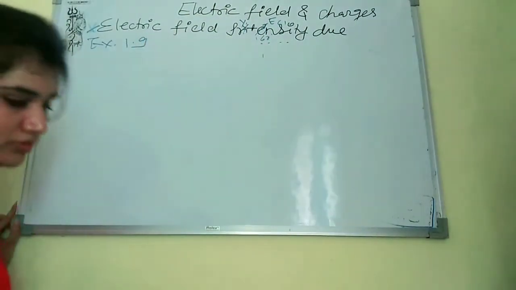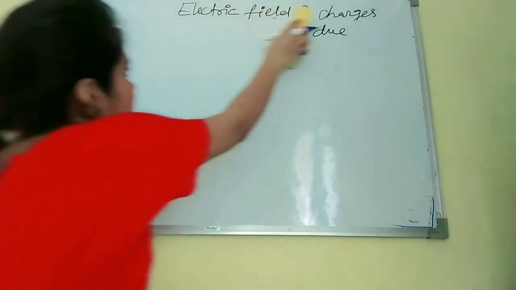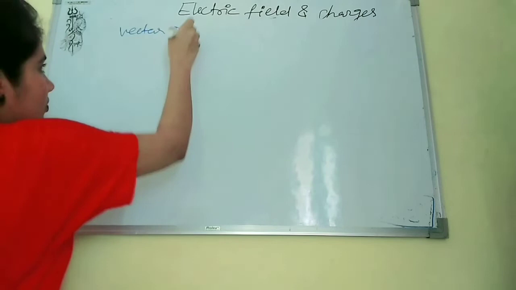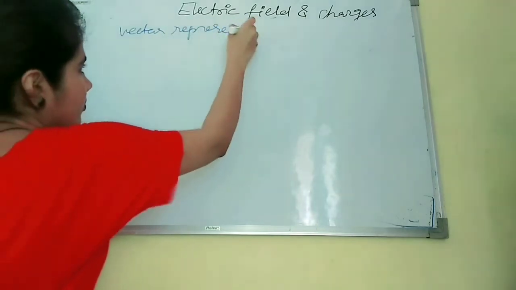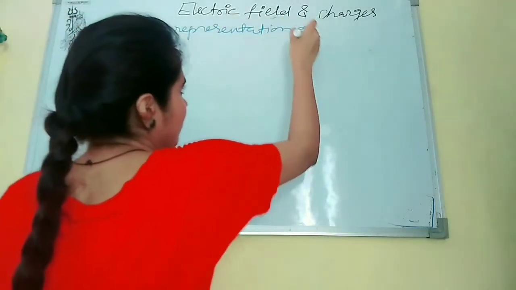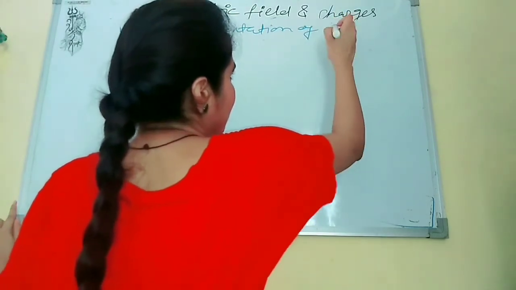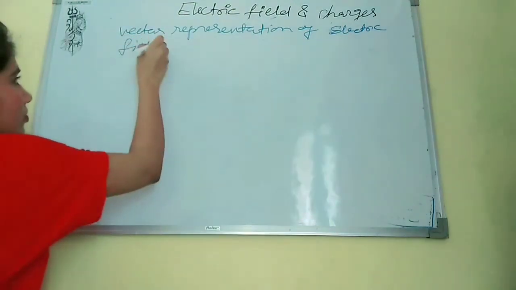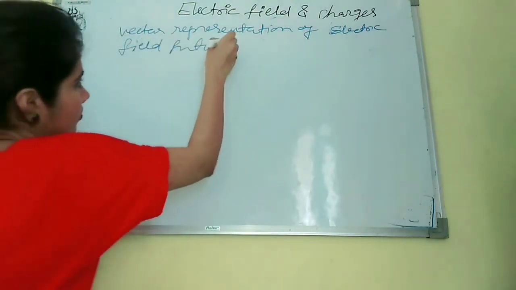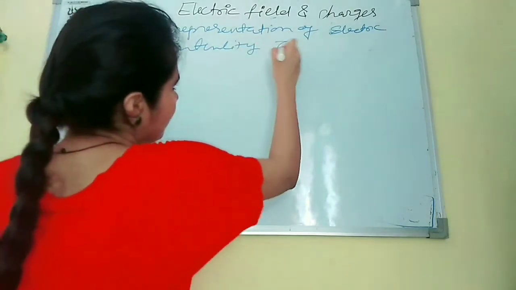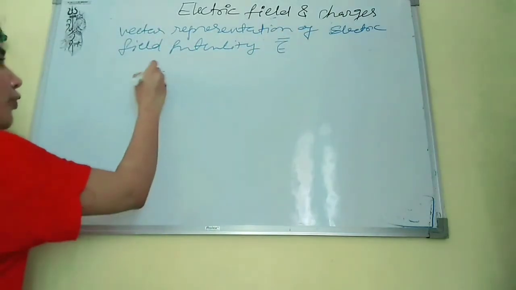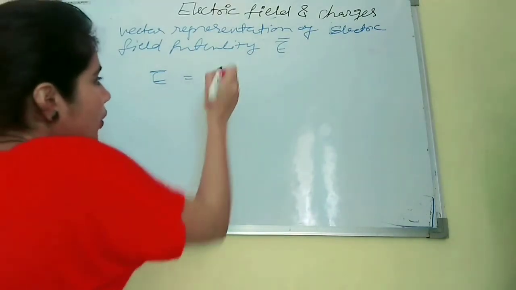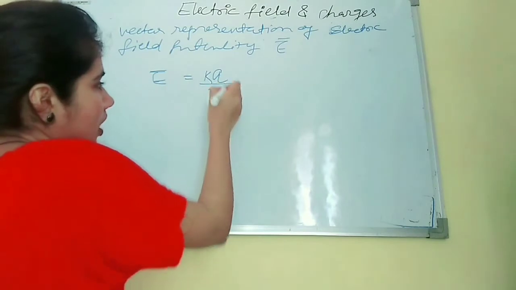For a point charge, we have seen the expression kq upon r square.